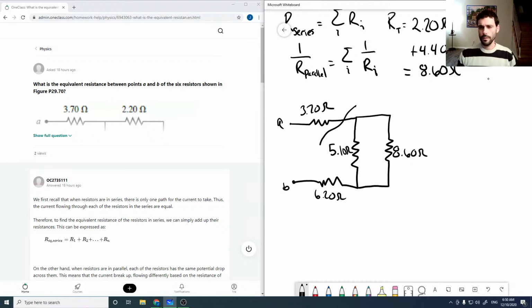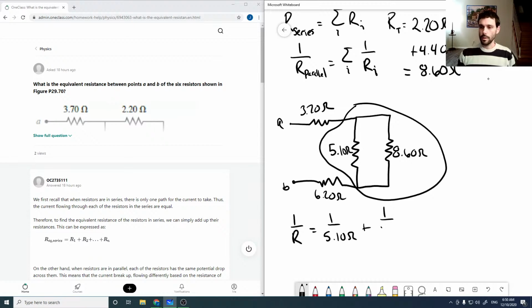And now this segment is in parallel. So 1 over the resistance here is 1 over 5.10 plus 1 over 8.60, which is equal to 0.312, or the resistance is 3.20.